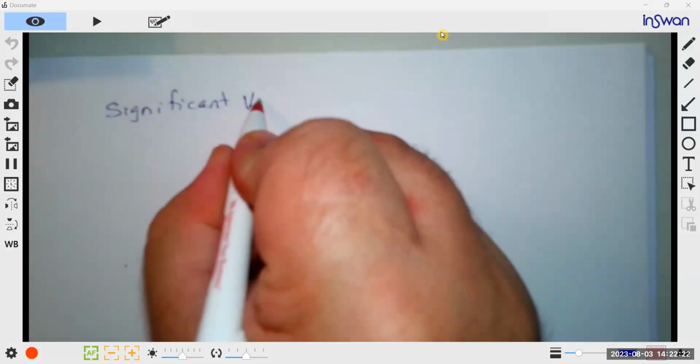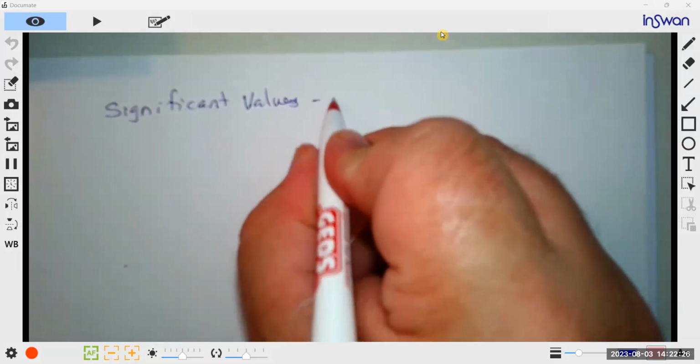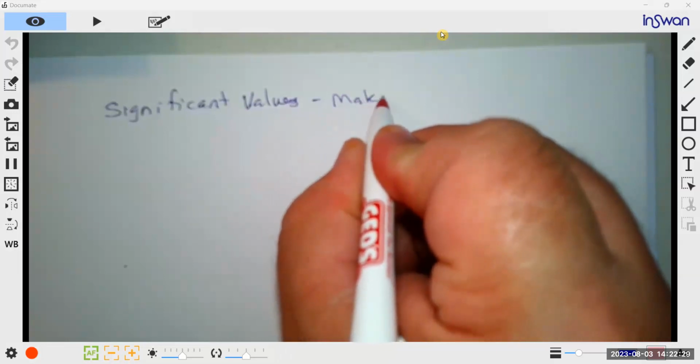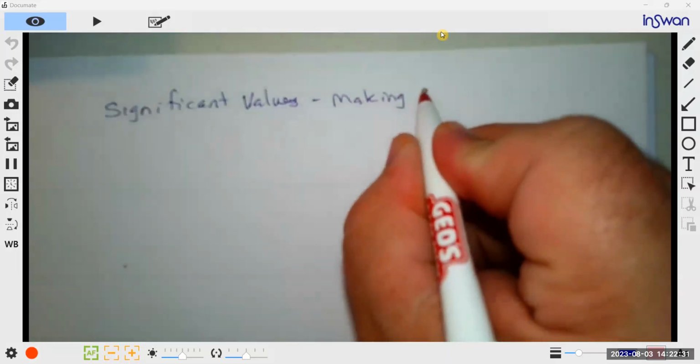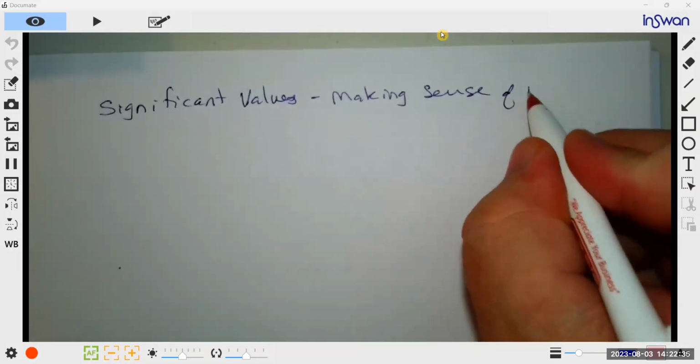Let's look at significant values. Making sense of the results.